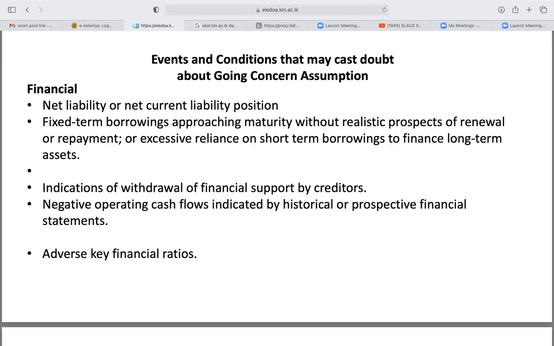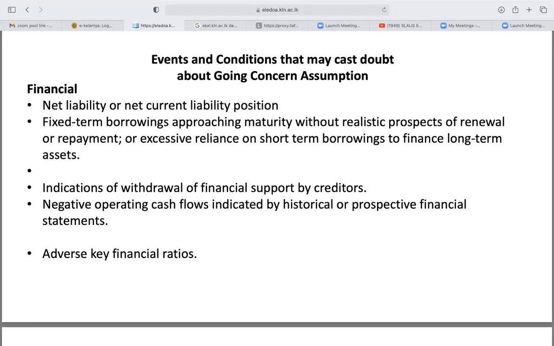For example, the vessel coming from, I think, America or somewhere else, carrying petrol to India, right? What happened there is they are asking for advance money because they are not sure about the government of Sri Lanka. So there is an indication of withdrawal of financial support by creditors.